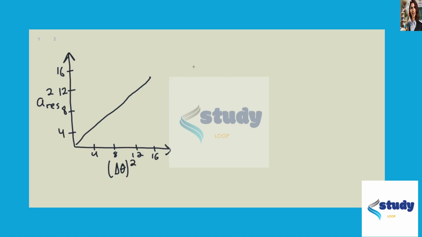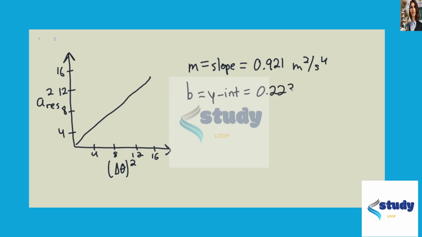And when we get the two variable statistics for this, we know that m equals the slope, and this is going to equal 0.921 meters squared per seconds to the fourth. B, which is the y-intercept here, would be equal to 0.223 meters squared per second fourth.